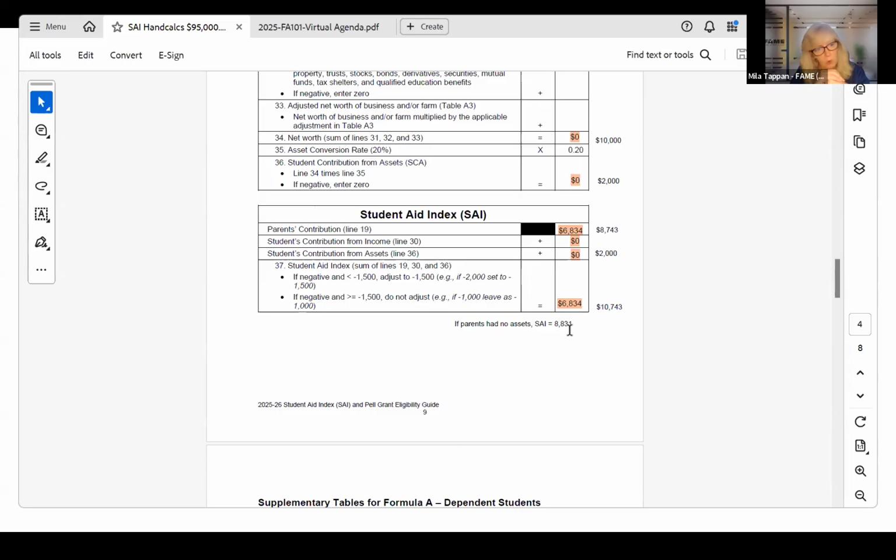When you're trying to figure out which year of income is applicable in this formula, we call it prior year, but what you want to do is look at the year of the FAFSA, 26-27 in the case I'm mentioning, and go 2 years back from that first number. That is the applicable tax year. So for the 26-27 FAFSA, it's 24 income that comes into play, both on the student side and on the parent side. So it indeed is a snapshot in time.